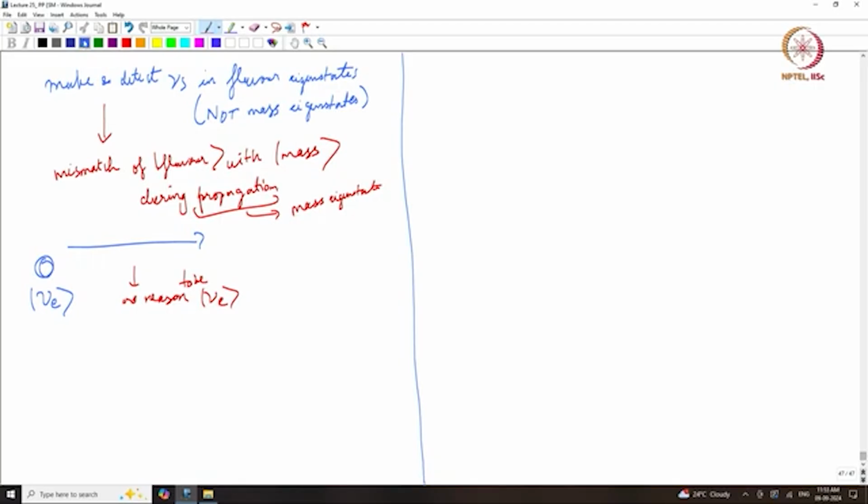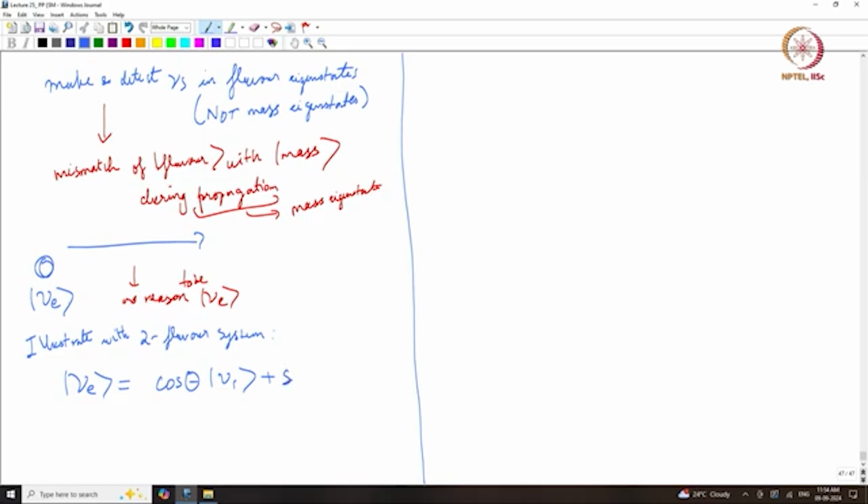So I am going to illustrate this with a 2 flavor system, let us just call it that. Imagine I do not have the tau neutrino. So let us take the electron flavor eigenstate to be composed of, I am just breaking down the PMNS matrix to a 2 cross 2 matrix, that is what I have done here.